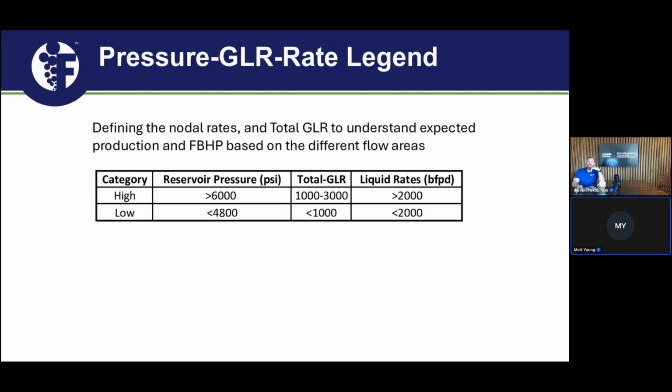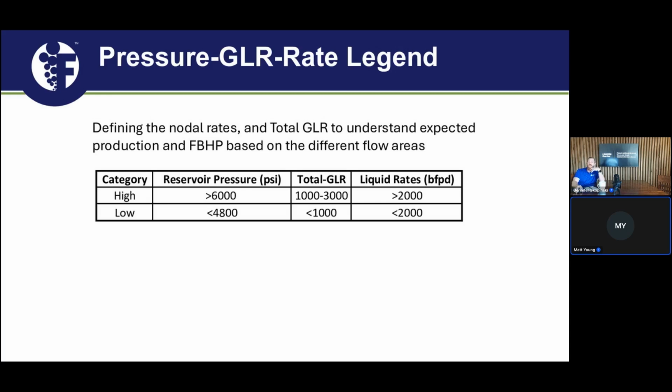So we found that TGLR, and I call it TGLR because that could be formation gas and injection gas for a gas lift well, had a huge effect on picking flow areas. Meaning that if we had a high TGLR greater than 1,000 to 1, we wanted the largest possible flow area, which helped further drive down our flowing bottom hole pressure.